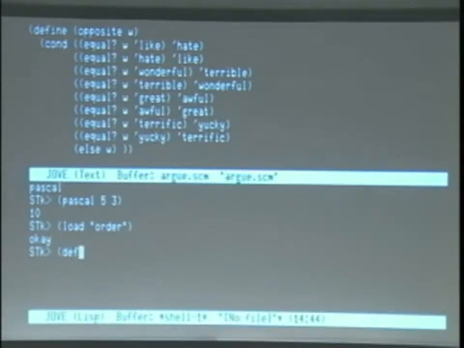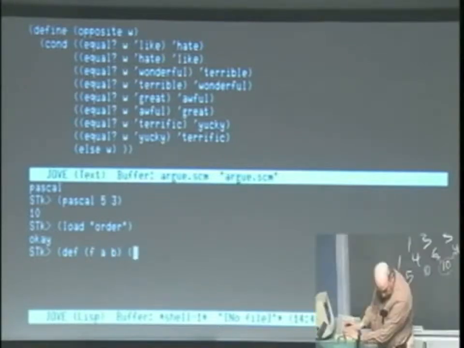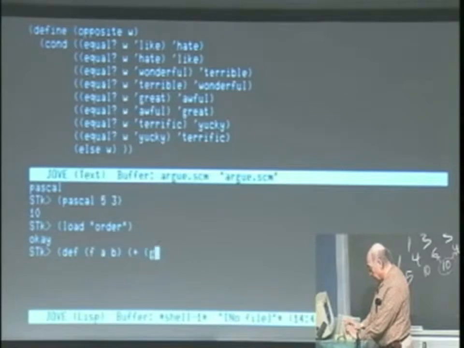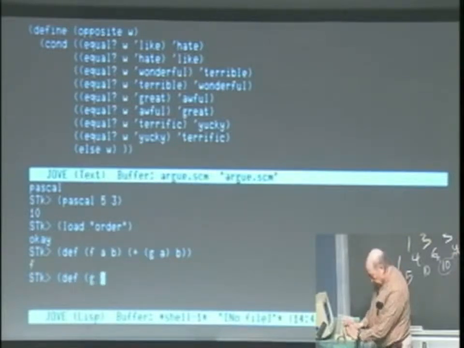So def is like define, but for my hacked up little Scheme here. This is the example in the lecture notes. I'm just typing it exactly in. So f of a b is plus g of a b. And def g of x to be times 3 x.